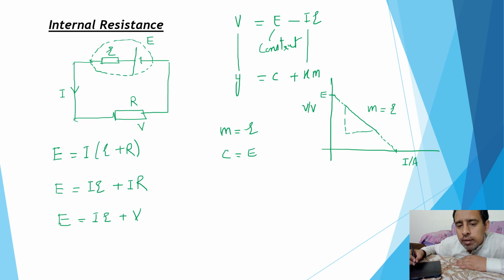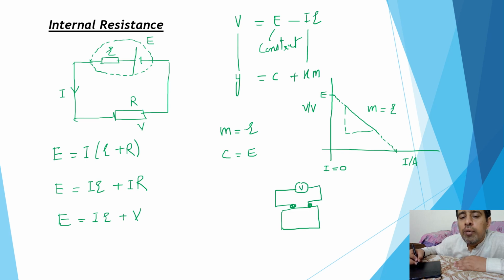On this graph, the value of I is 0, meaning no current is flowing through the circuit. Then the EMF and the voltage are similar. The EMF is the maximum voltage. If you have a cell with two terminals and straight away attach a voltmeter, this voltmeter will give you the EMF of this cell because no current is flowing through it.